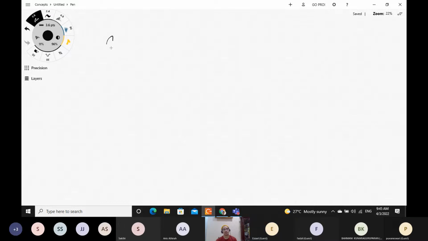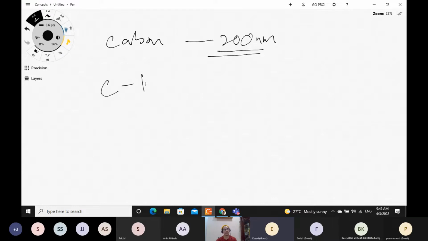Contohnya carbon molecules. Carbon molecules maybe dia serap around 200 nanometer wavelength. Paling banyak dia serap wavelength ni. Maybe apa lagi, kalau carbon tu dia bergabung dengan satu hidrogen, dia serap paling banyak dekat 230 nanometer. Dia punya ability untuk preference untuk serap changes kalau dia bergabung dengan other atoms.